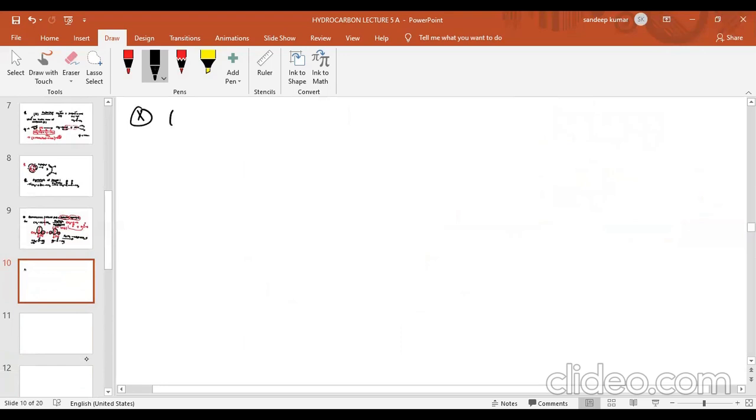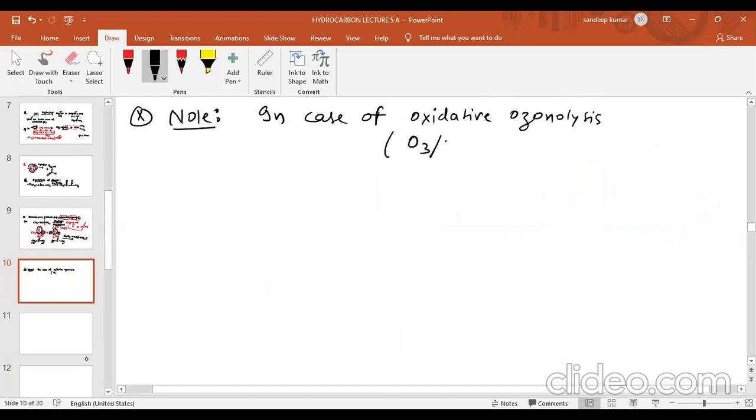Always remember, note one point. In the case of oxidative ozonolysis, which means absence of zinc, it is only O3 in the presence of H2O2.